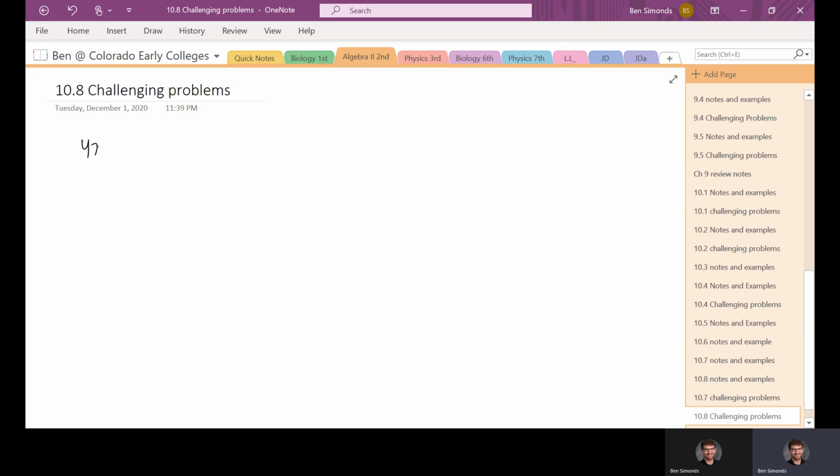So 47 and 49 want you to identify the imaginary and real parts of these complex numbers. So 47, the first one, is negative 6i. That's entirely imaginary, right? There's no real part to it.